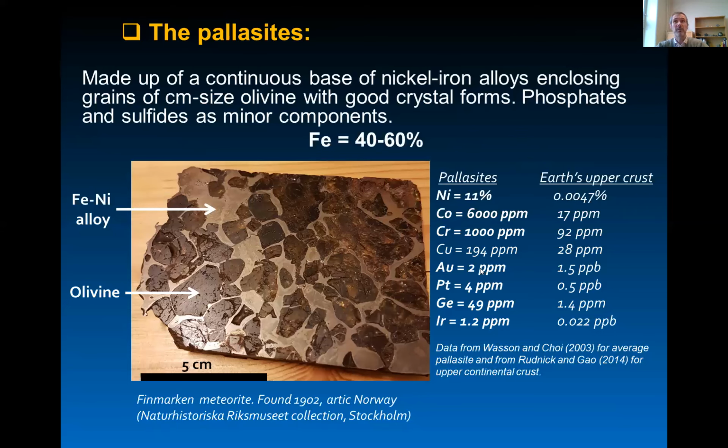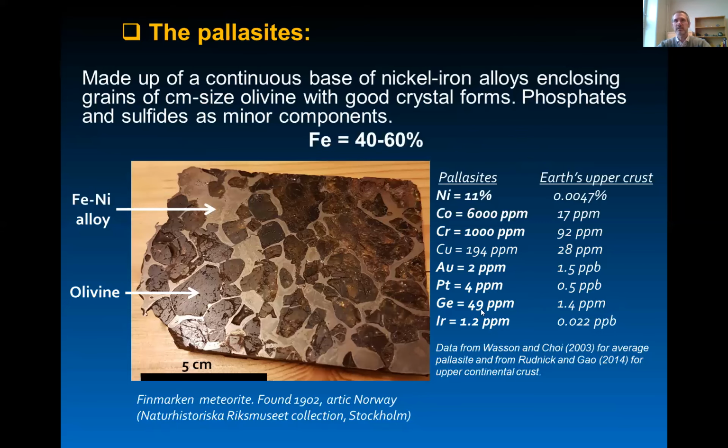Gold as well, 2 ppm compared to 1.5 ppb, parts per billion. That's 1,000 times smaller than ppm. We have also platinum, 4 ppm compared to 0.5 ppb in Earth's crust.